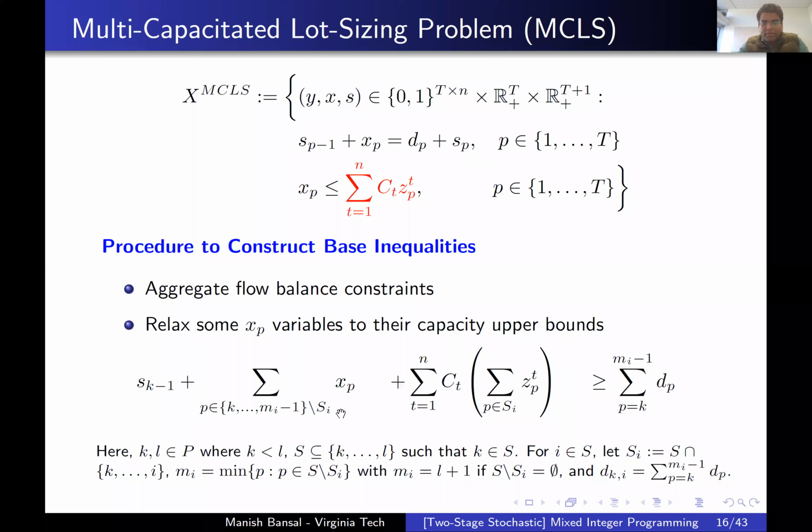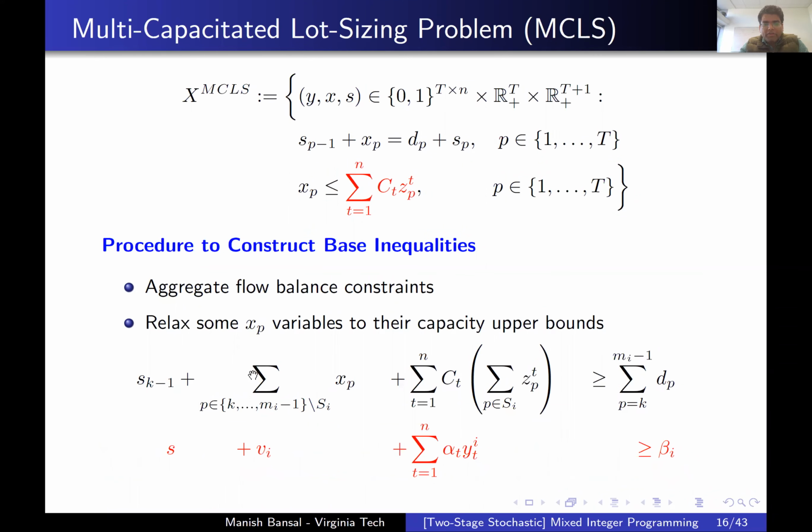Now, for all the time periods within the set, I will utilize the capacity constraint up here and replace them, or get a relaxation, by having this summation of C_t times summation of z_tp. Now, if you observe up here, depending on how I'm selecting this m_i, I can have multiple constraints.